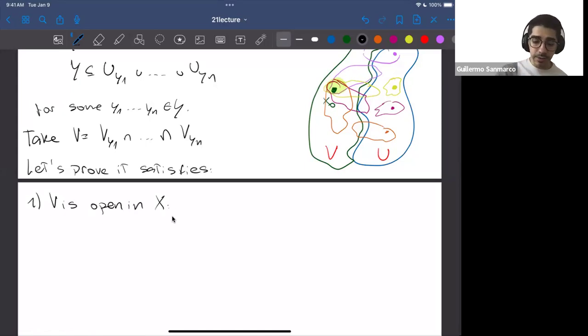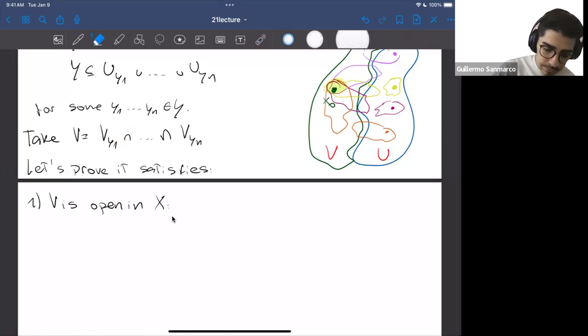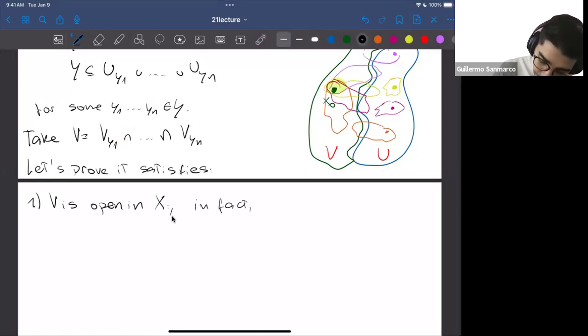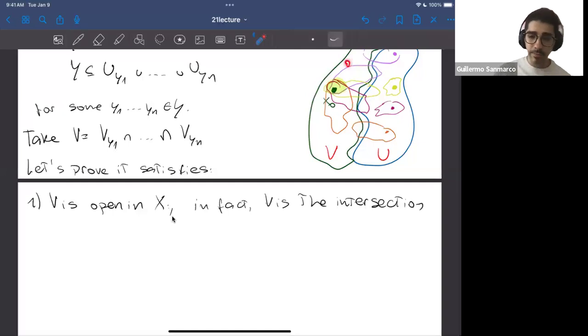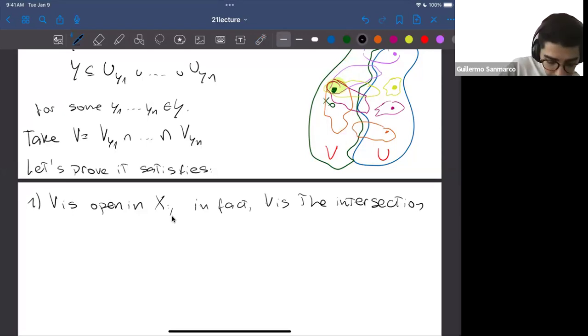Well, we're just intersecting finitely many open sets. So V is the intersection of finitely many opens. And that's the crucial part, because you could intersect all the V's, but that's probably not going to be open most of the time, because you're intersecting too many open sets. So V is the intersection of finitely many open sets.